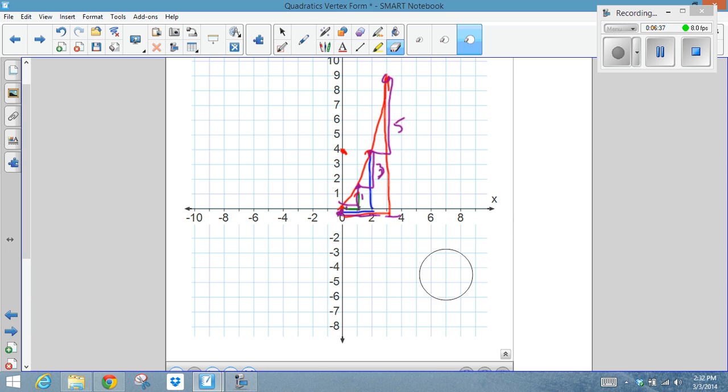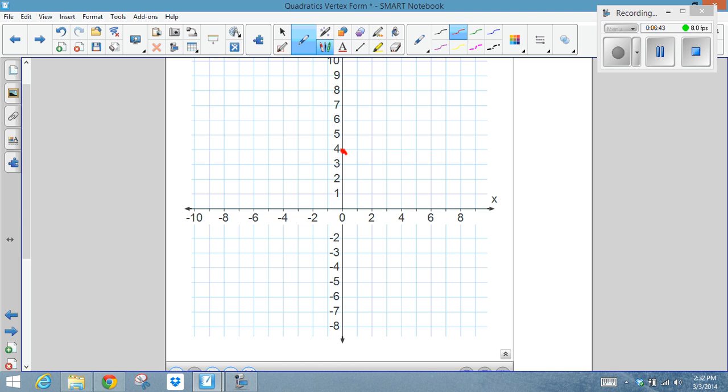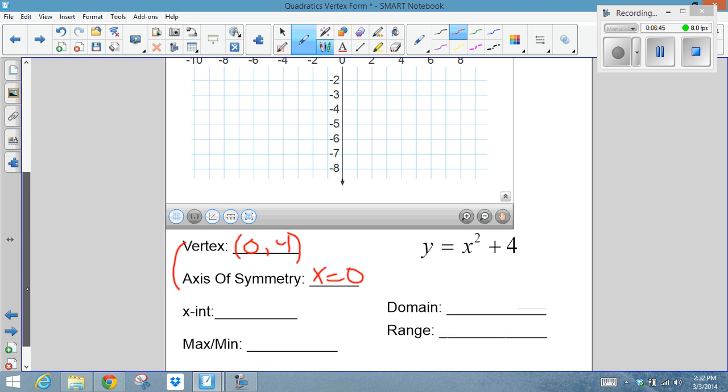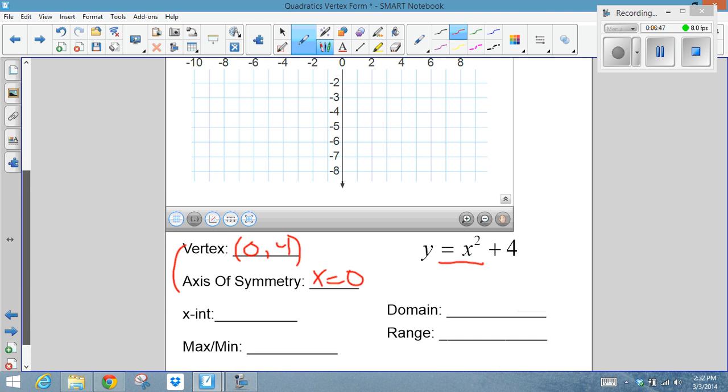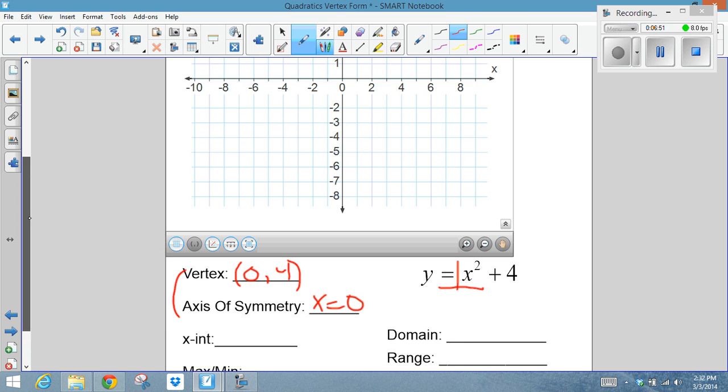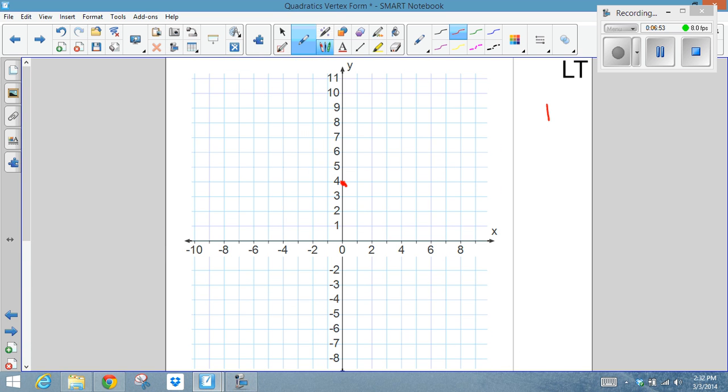I'm going to erase all this now, so you're going to have to remember. Back to this. My leading coefficient, which is the coefficient of x squared right here, is just 1. So I'm going to use my 1, 3, 5 to find my next points. I'm going to go over 1 and up 1, sorry.